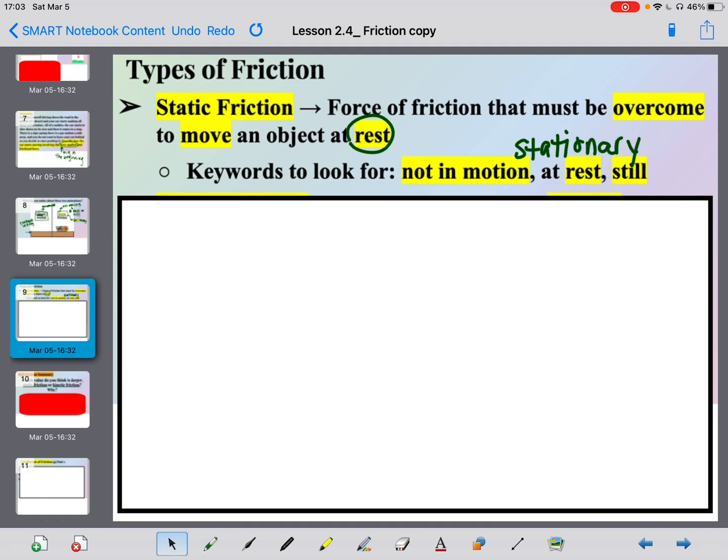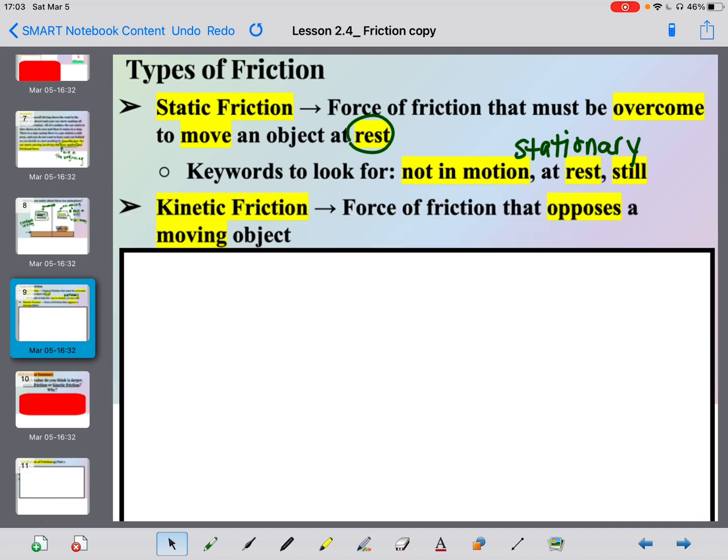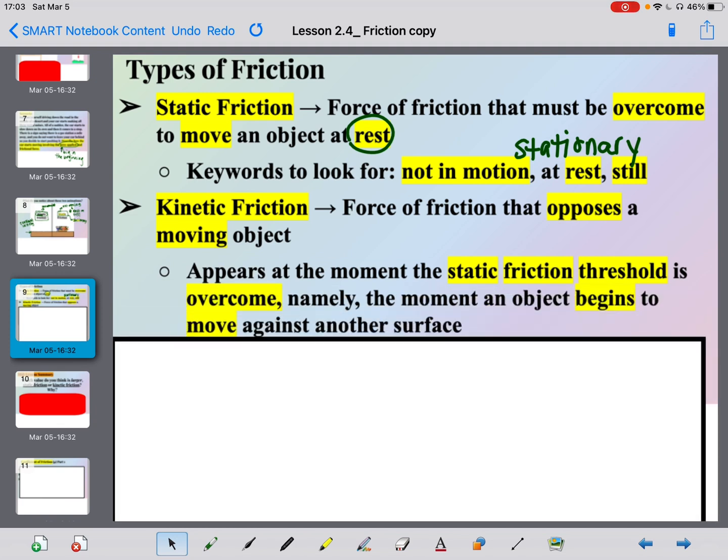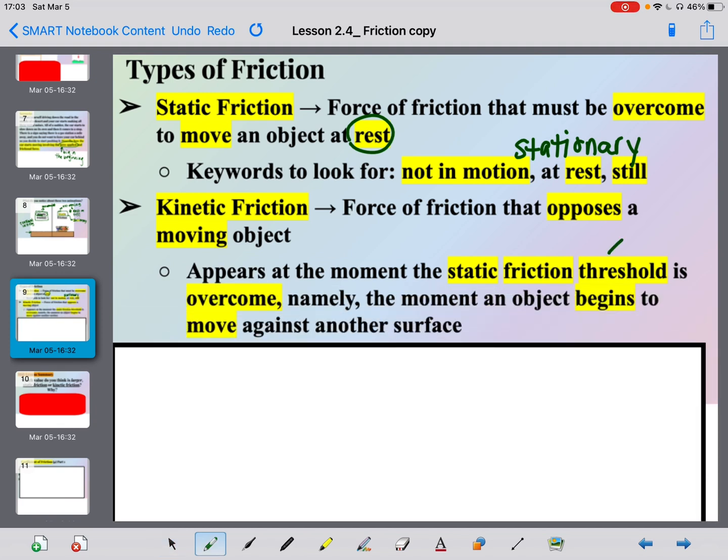Then our second type of friction is known as kinetic friction. This is the type of friction that only opposes moving objects. Therefore, kinetic friction only is affecting moving objects. You will never see things at rest that have kinetic friction because it only has static friction. It only appears when the static friction threshold, this word threshold, the limit, is overcome.